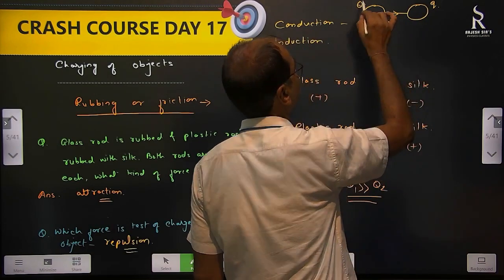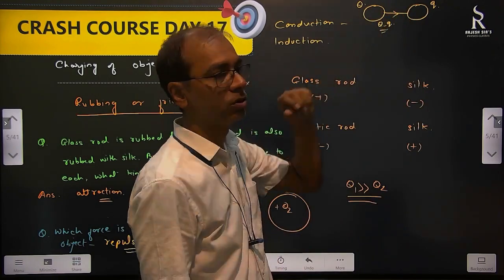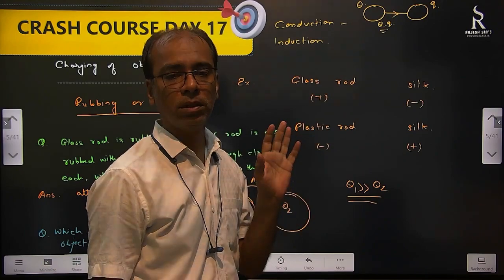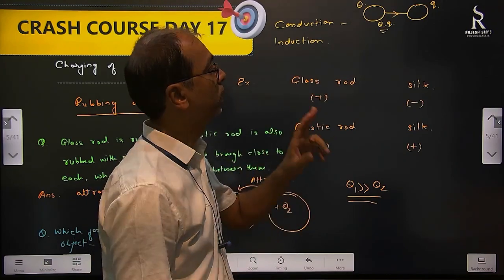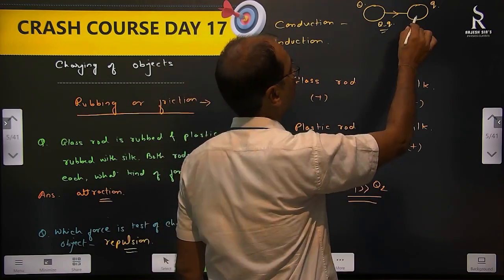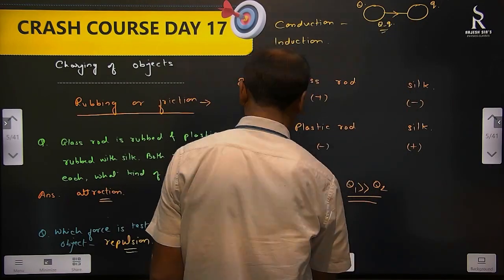Total charge is still Q only. So both bodies are charged, but if both bodies are of the same size, then both will have the same charge. That means Q by 2 on this one and Q by 2 on this one, if both objects are of the same size.